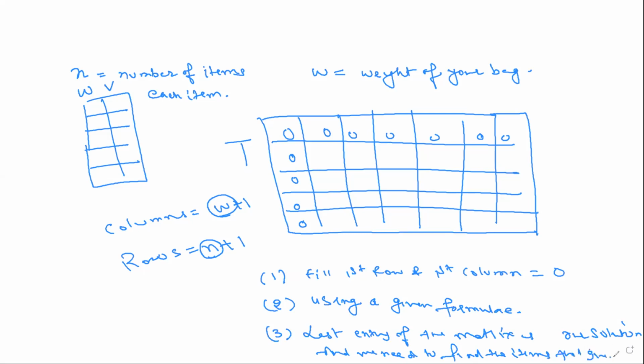So we will do that. The first thing is that we need to accept the input. How many inputs do we have? We have 3 inputs. One is the number of items, the weight of the bag, and the third one is the entry for each item, that is the weight and the value. So let us start with this.